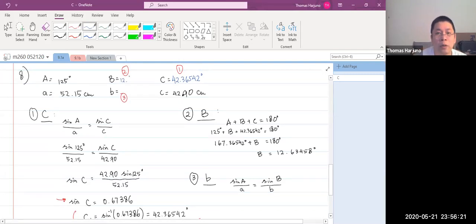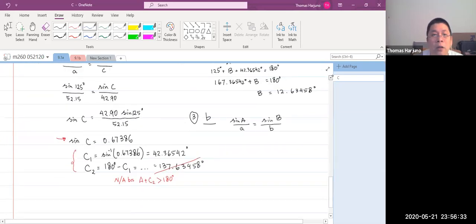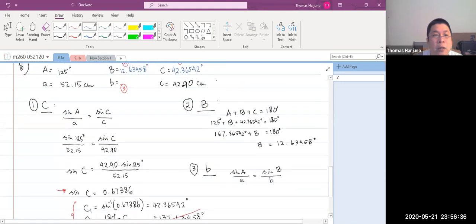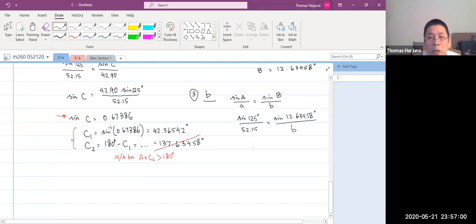This is 12.6345 degrees. For side B, that will be sine 125 degrees over 52.15 equals sine 12.6345 degrees over B. So B will be 52.15 times sine 12.6345 degrees over sine 125.